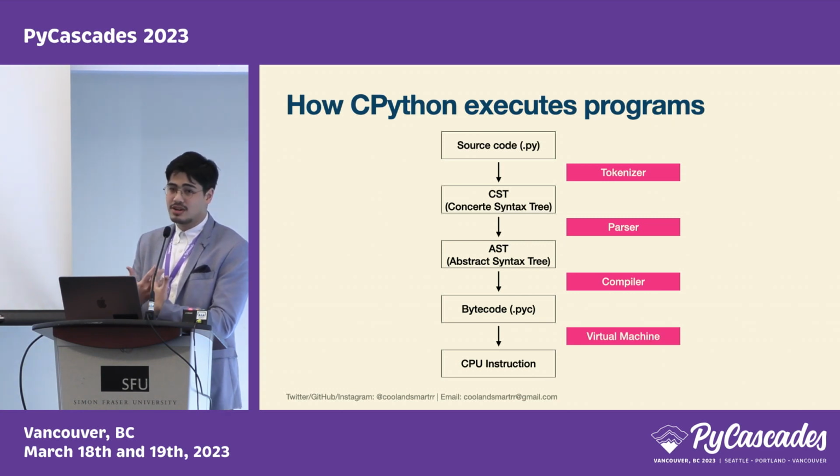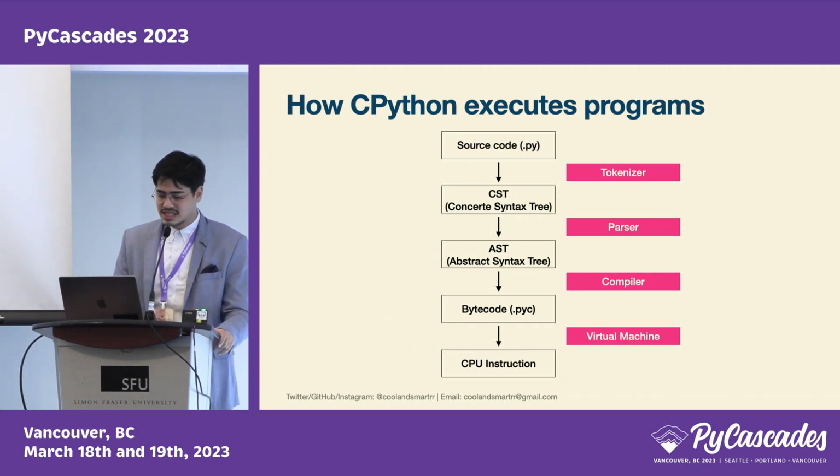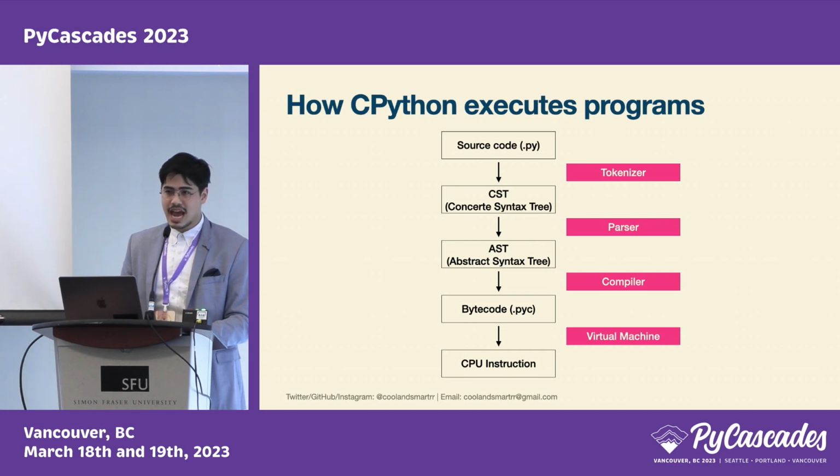And that's done by the parser. The parser looks at the CST and then spits out the AST, or the abstract syntax tree. Now it's ready for compilation. The compiler looks at the AST and says, okay, let's see what we can do in bytecode format. And it spits out what's called the PYC, the bytecode.